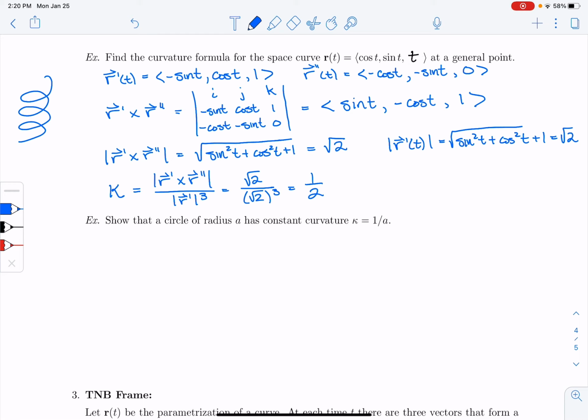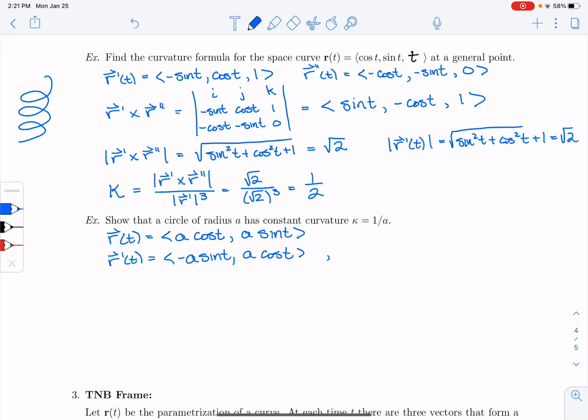Okay, now let's look at what is the curvature of a circle. So a circle is going to have a parameterization r of t. It's going to have a radius a. So it's a cosine t, a sine t, and the derivative of r of t is going to be negative a sine t, a cosine t.